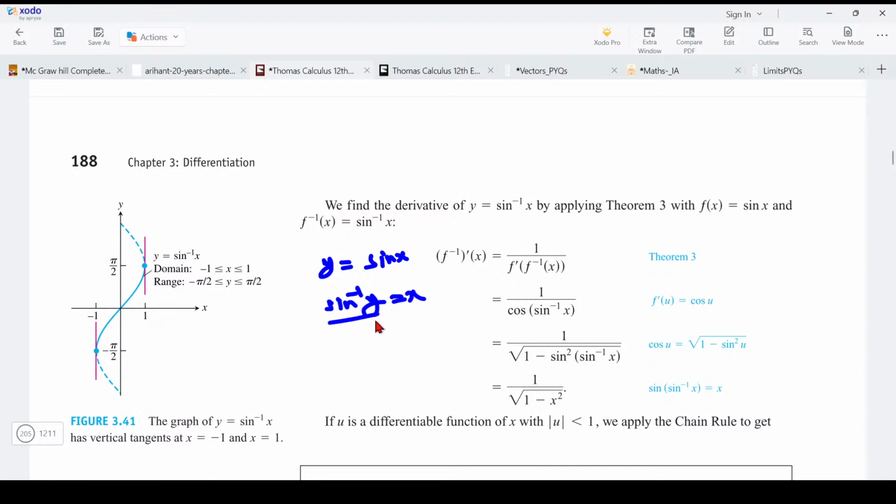We want the slope of this one at a particular point. We can actually do some implicit differentiation also here.